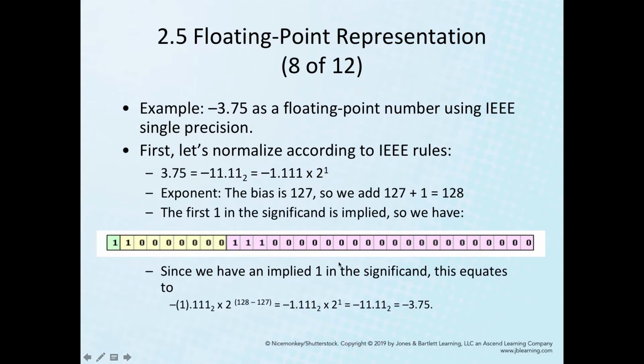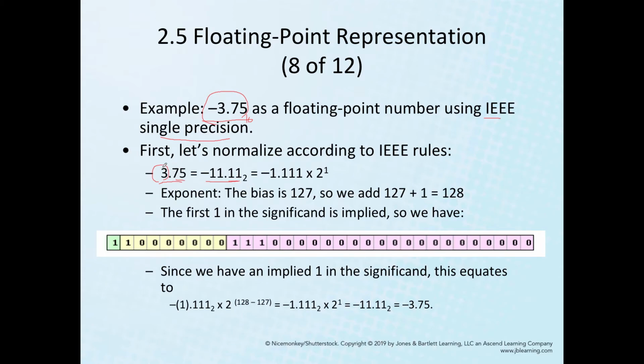So let's take a look at a real example. Suppose we have negative 3.75 in decimal, and let's represent it in IEEE single precision. The first step is to convert this decimal number into binary. Negative 3.75: the whole part is 11, and the fraction part 0.75 is 0.11. Combined together we have this.